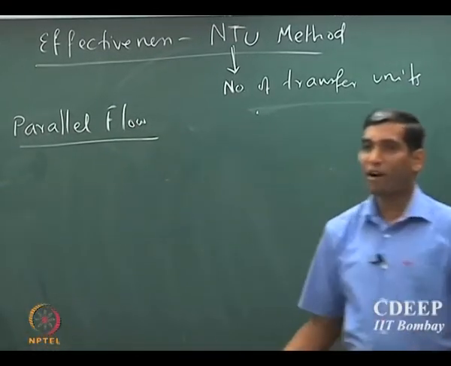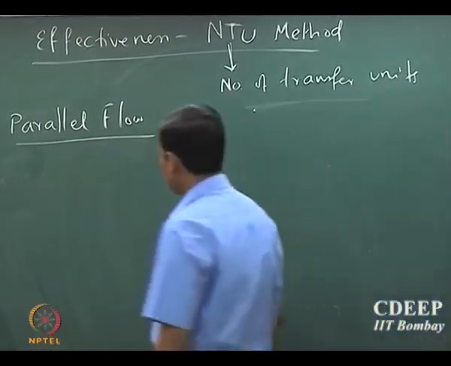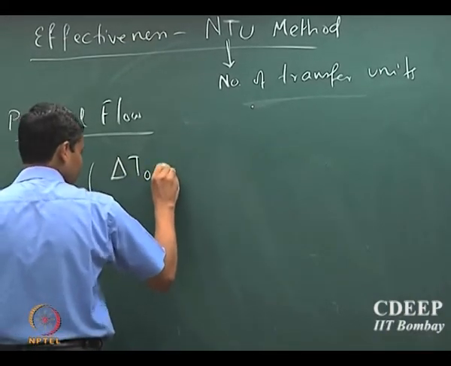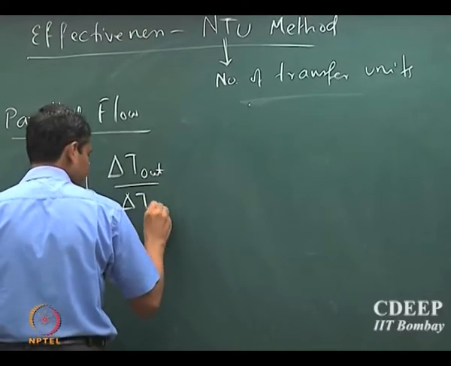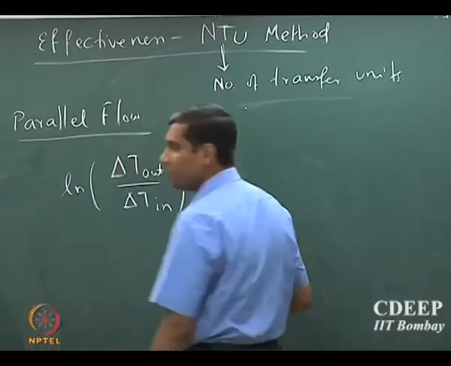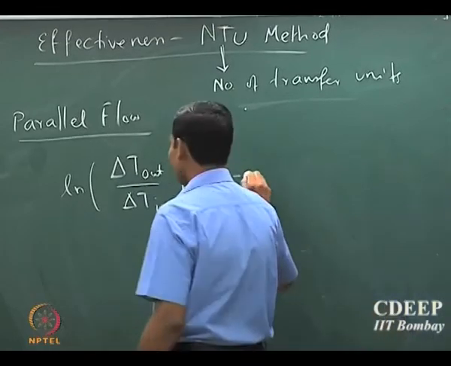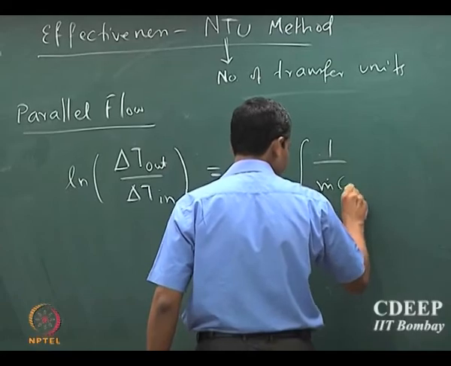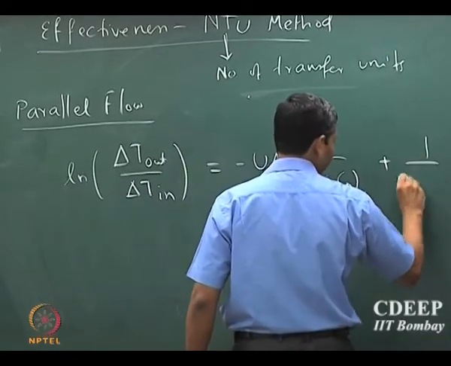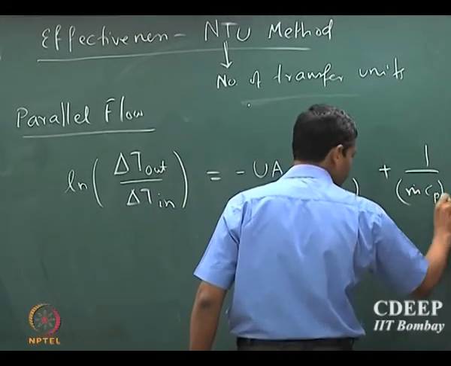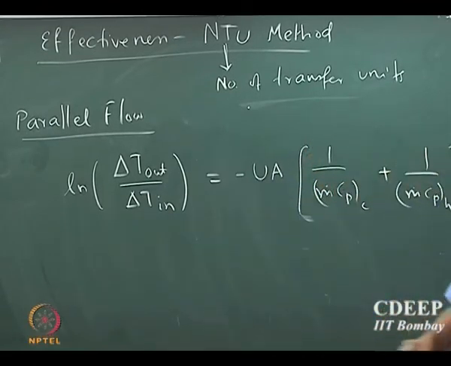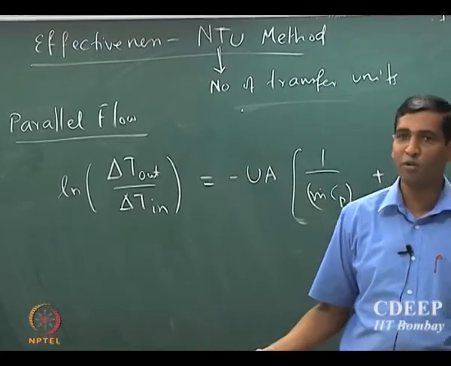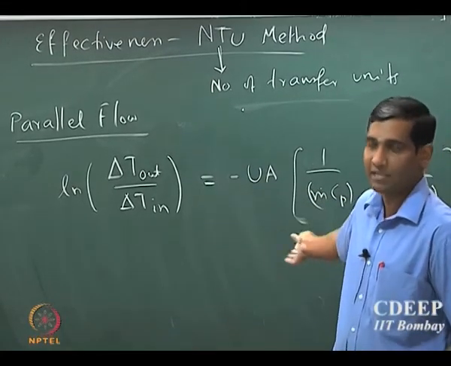You may recall from the last lecture, delta T, does anyone remember, is equal to minus UA into 1 by m dot Cp cold plus 1 by m dot Cp hot. Because if you modify this, what you will get is Q equal to UA delta T Lm to D.